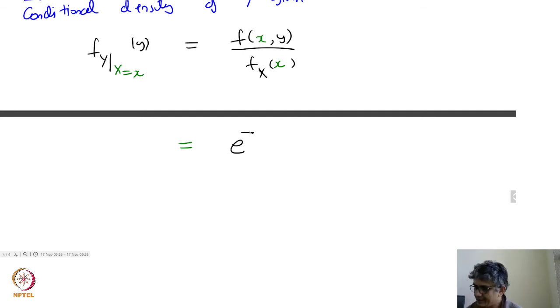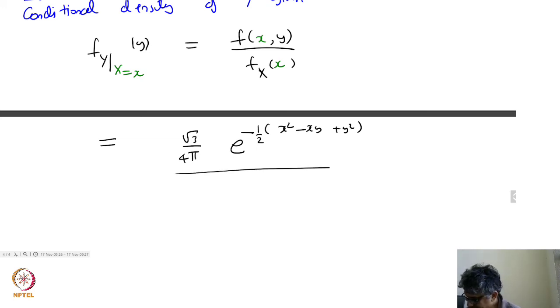E to the minus... at the top I have, again, let me erase this a little bit. It's equal to root 3 by root 4... Sorry, the top is just a joint density, so it's just going to be root 3 by 4 pi e to the minus of x squared minus xy plus y squared, the whole thing by 2, divided by f sub x at the point x.